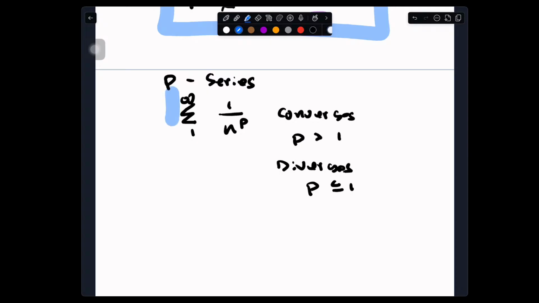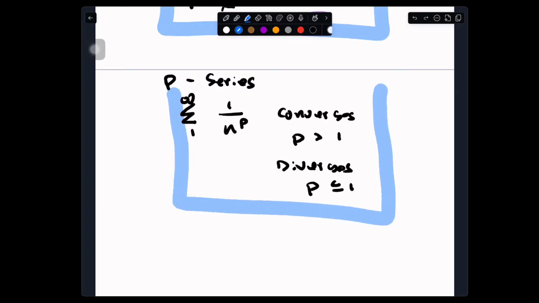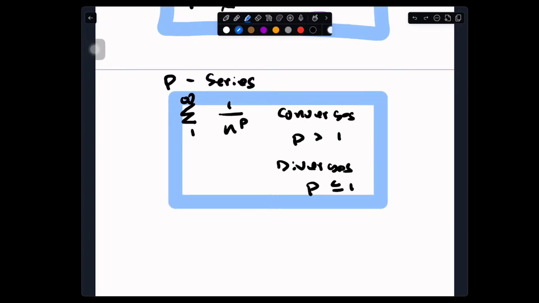And that's what we wanted to set out to prove. The conditions where you have convergence of this p series. Convergence happens for p being greater than 1, and then divergence happens for p being less than or equal to 1. And that is what we set out to demonstrate.